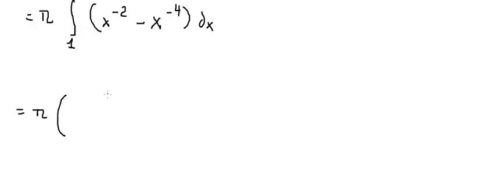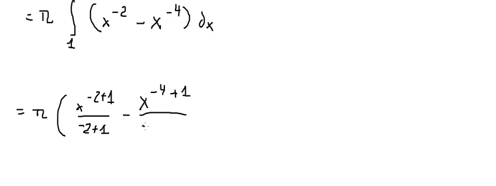The integration of this one gives s to the power of negative 2 plus 1 over negative 2 plus 1, and the next one, s to the power of negative 4 plus 1 over negative 4 plus 1.